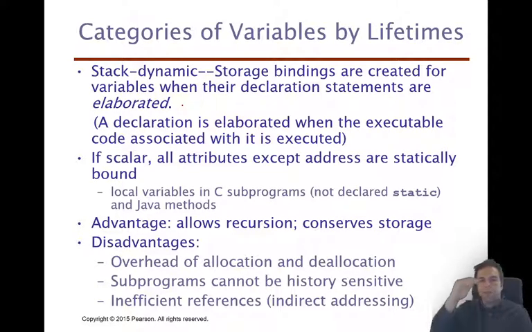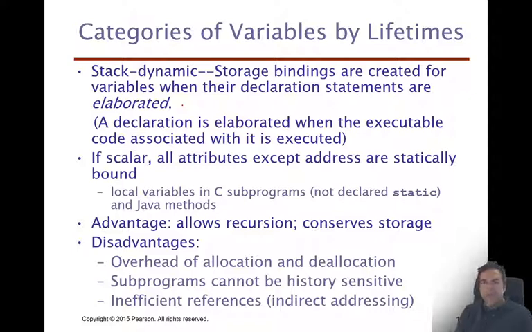But in other languages, it might automatically scan the code during parsing and pre-allocate space for them on the stack, or you might have languages where it doesn't make room for them on the stack until it encounters that declaration. Regardless, the declaration is elaborated at some point, and as it becomes elaborated, you have to make room for it on the stack.